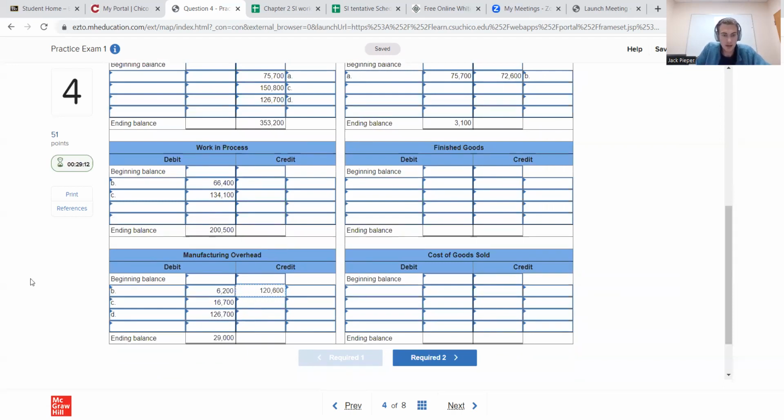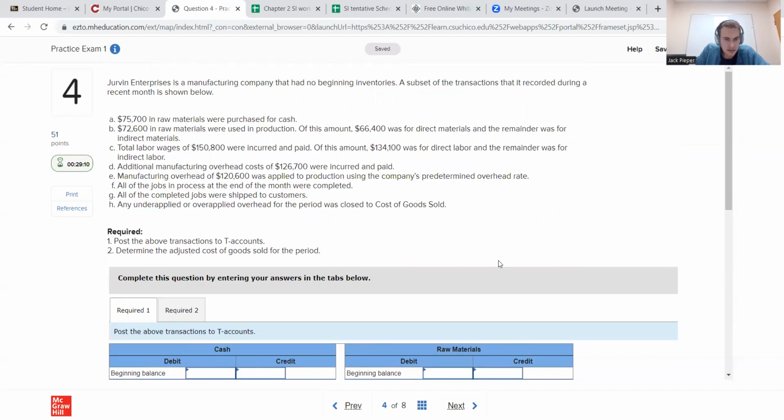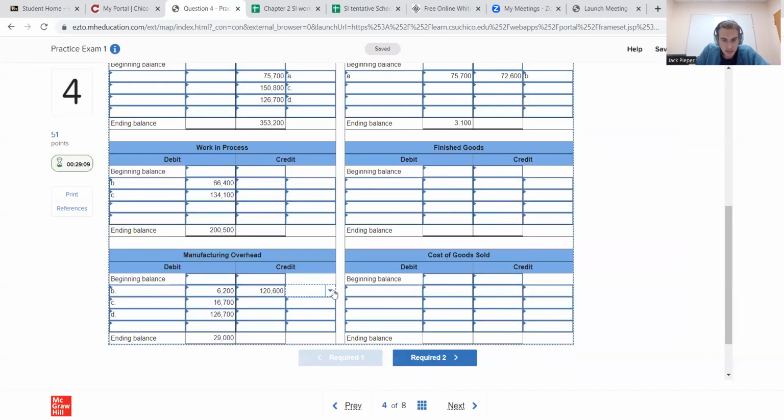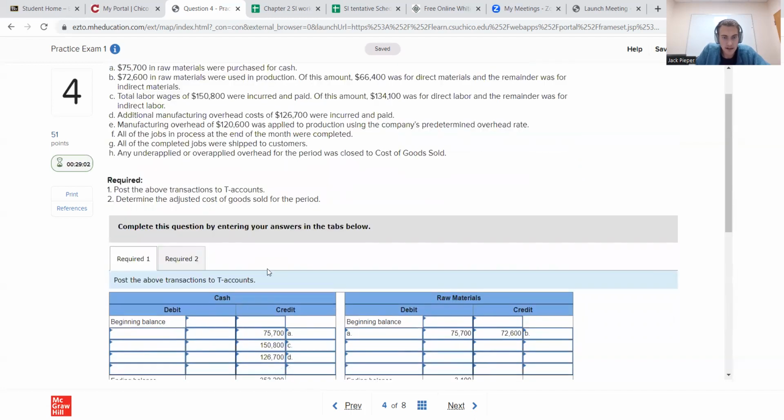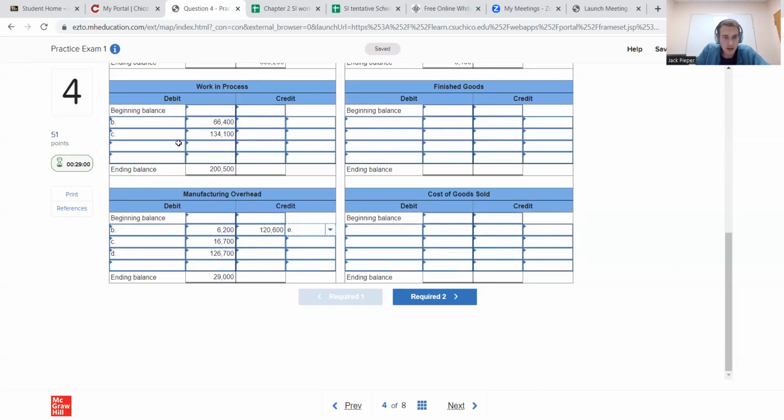All right, and that is E. Okay, and since we had a credit to manufacturing overhead, we're going to have a debit to work in process, E, for the same amount. So 120,600.